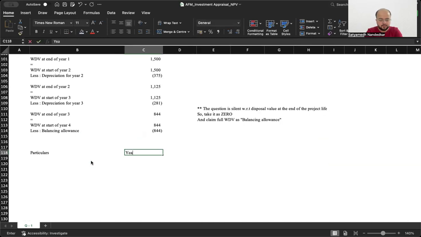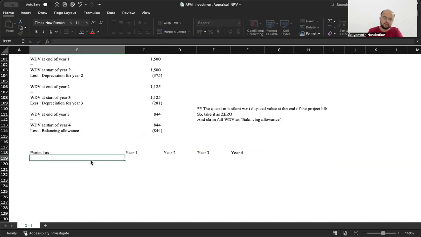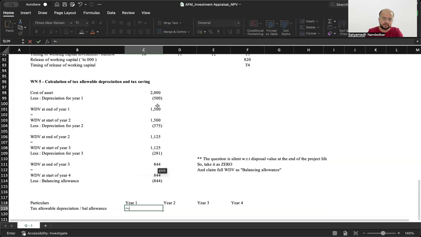Now here you write particulars: Year 1, Year 2, Year 3 and Year 4. Tax allowable depreciation/balancing allowance.